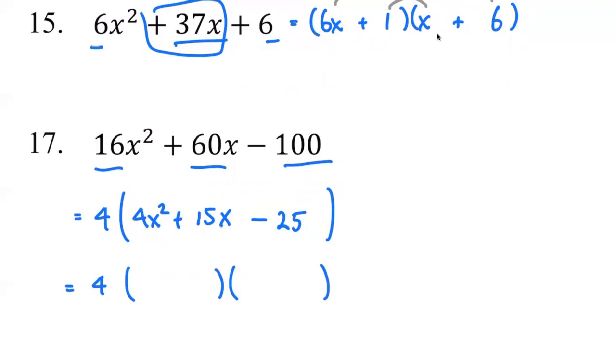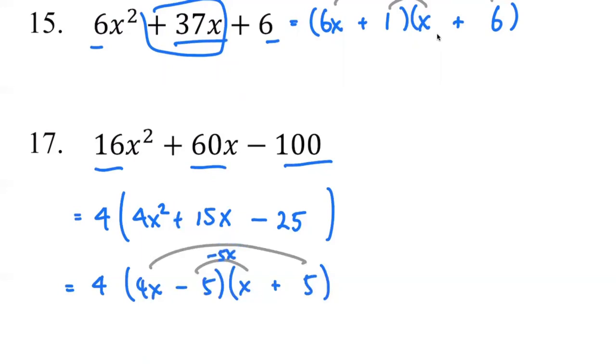So we have 5 and 5 right here, 4x and x, and then we put a plus right here, minus right here. I know all these because I have been playing with numbers in my head since I was staring at the 4x squared plus 15x minus 25, and it felt like it was going to be a situation like this one. Plus 20x minus 5x gives us plus 15x right here.